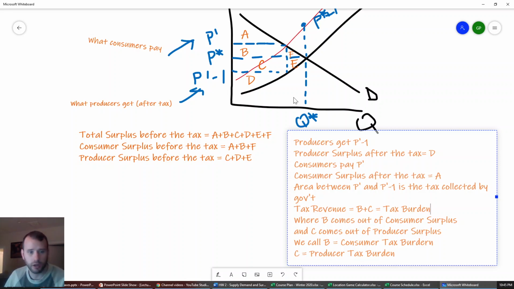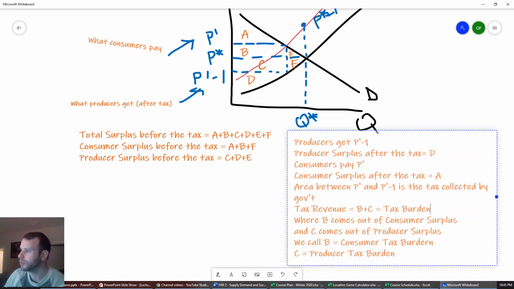And maybe you have a corrupt government where it never goes back to anybody, it just goes directly to Muammar Gaddafi or something like that. But presumably, the tax revenue is used to fund something good. You would hope, at least. So there's some tax revenue, B plus C, that is not part of consumer or producer surplus anymore.